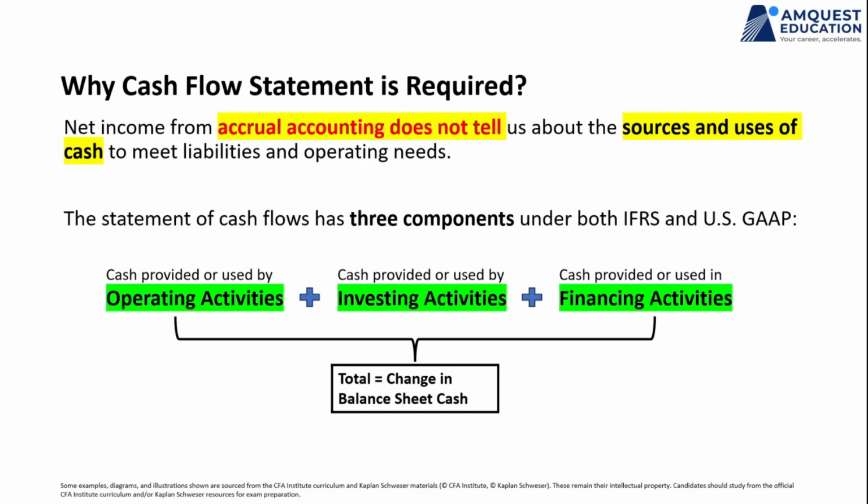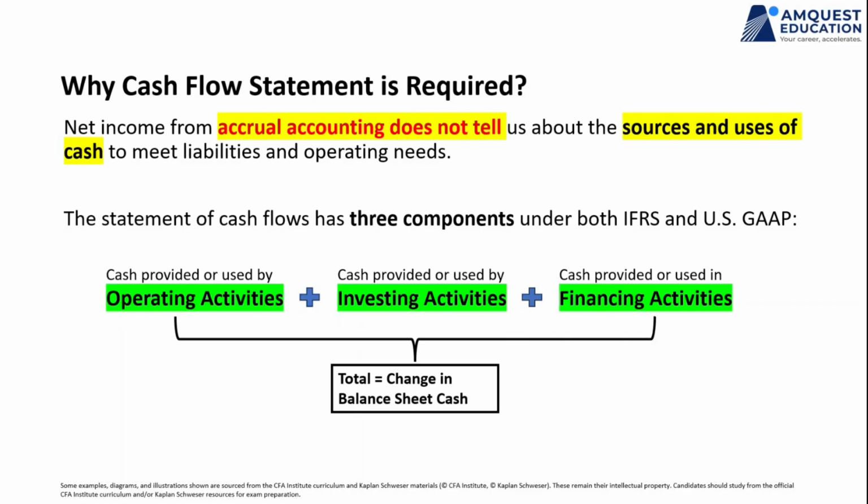Now, the cash flow statement has three components under both IFRS and US GAAP accounting frameworks, and in general under other accounting frameworks also: cash provided or used by operating activities, by investing activities, and by financing activities.